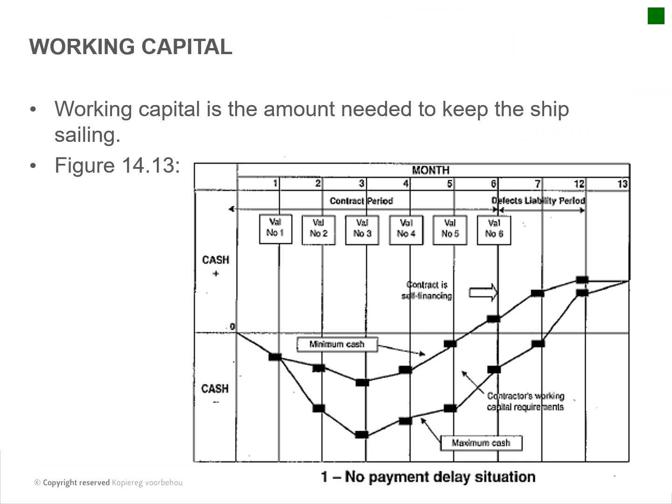Working capital is the amount needed to keep the ship sailing. That is the deficit that I spoke about earlier. Your minimum cash flow in normal circumstances is like this, and your maximum cash flow is calculated like that.